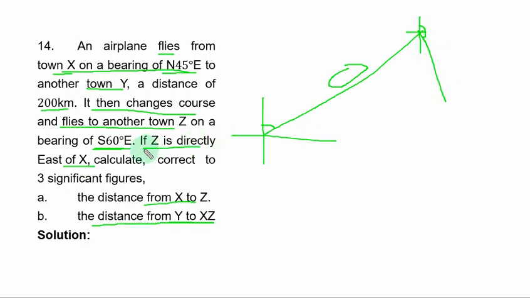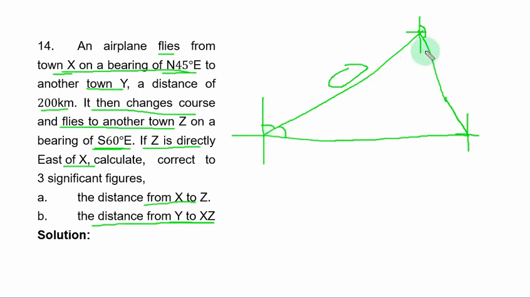Z is directly east of S. So town Z should not be above or below the east of S, but at the same level. So let's extend this to this point. So you come here, you draw it. So here is town Z. This is town Z. So if from here to here is 45 degrees, here is also 45 degrees.